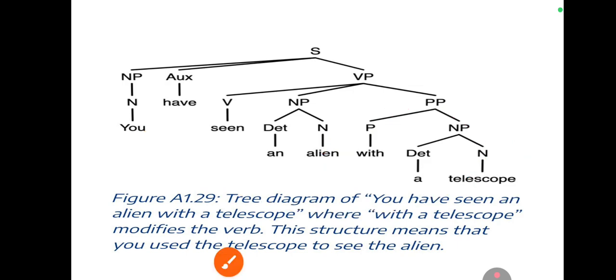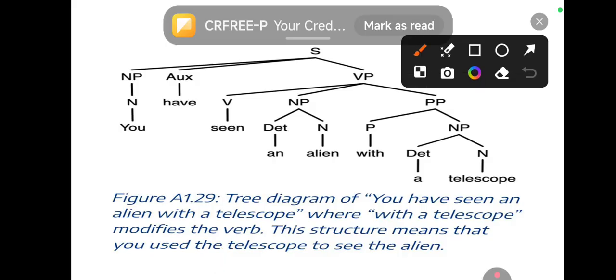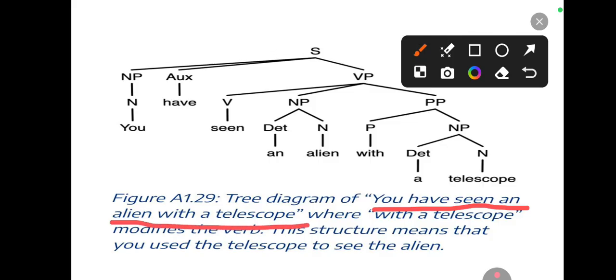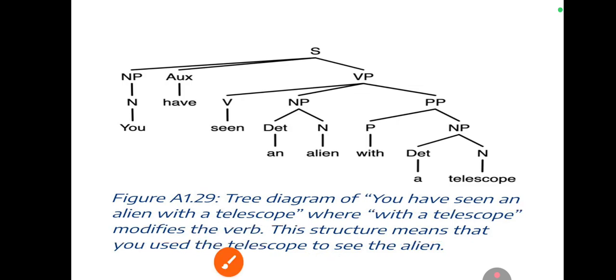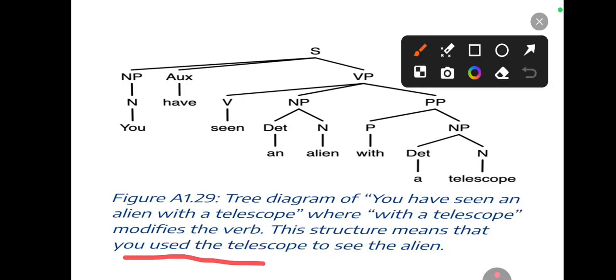So if the sentence is "you have seen an alien with a telescope", where "with a telescope" modifies the verb, because the word "seen" is modified by the telescope, then this structure means that you use the telescope. What is important here? This structure tells that you use the telescope to see the aliens.